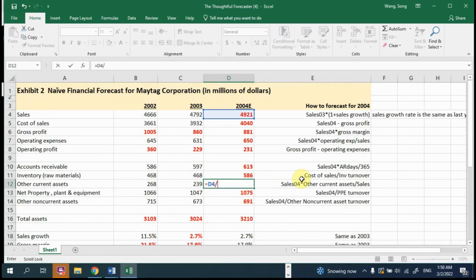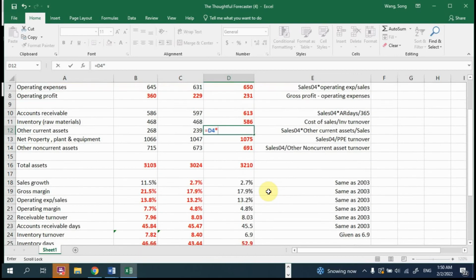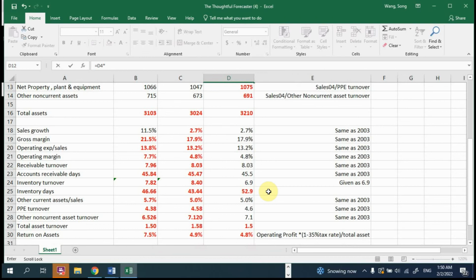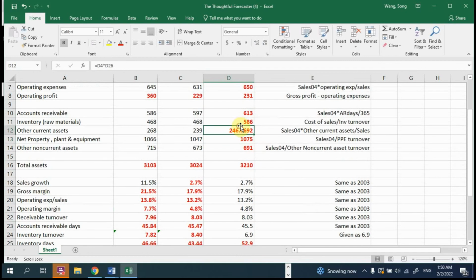Oh, sorry, this should be multiply, because that's a ratio, it's not a turnover. Turnover stands for number of times. So that could be 8, could be 13, but for the ratio here, it's 5%. So we should multiply by that ratio. Okay, so this is the number here. Again, we do not divide, we multiply.